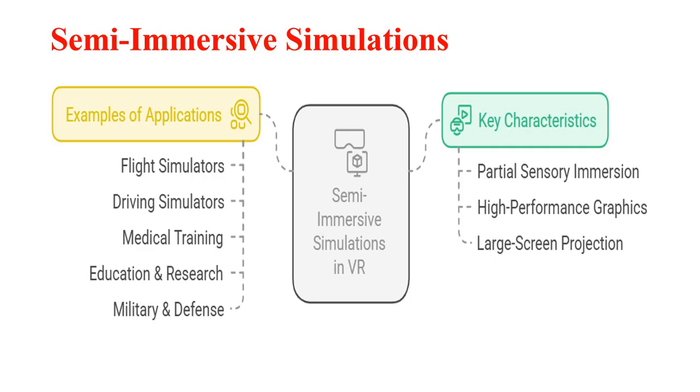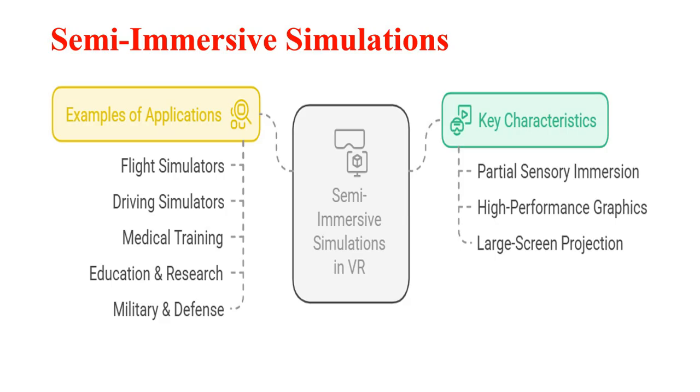And the key characteristics are partial sensory immersion, that is partial or it may be near to full sensory immersion. That is, it will engage vision, audio, and sometimes touch, but lacks full physical movement tracking. And second is high performance graphics, where it is powered by advanced graphical computing systems for realistic simulations.